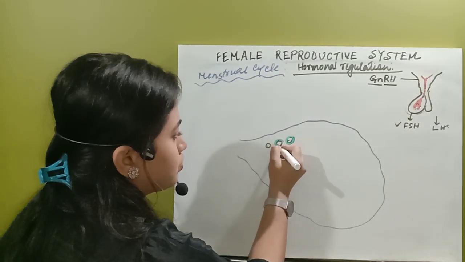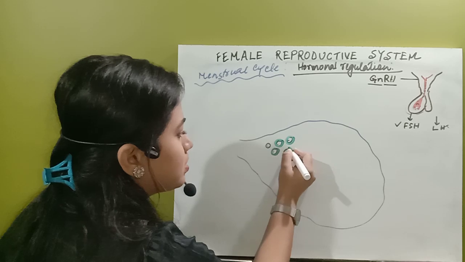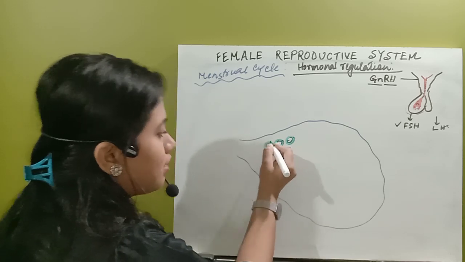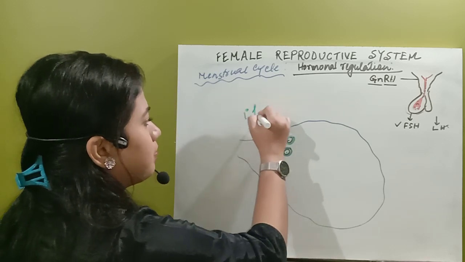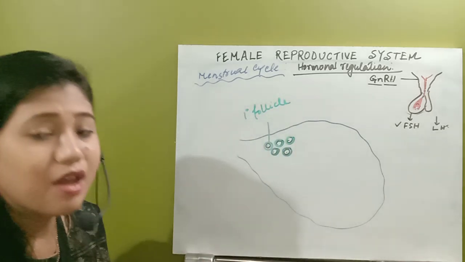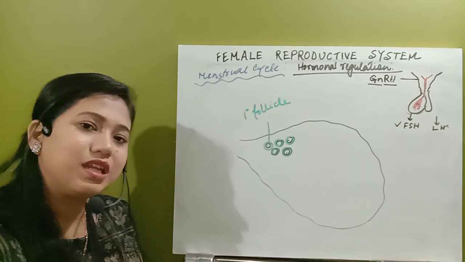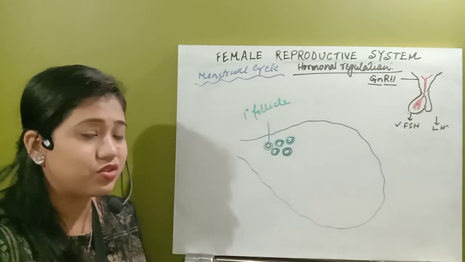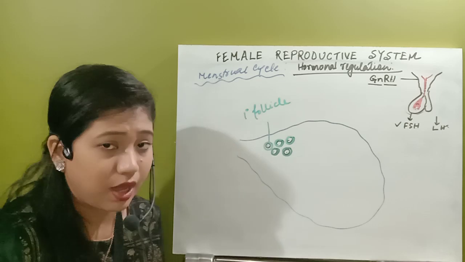Because of these granulosa cells, we call this the primary follicle. These primary follicles are already present from birth up to puberty. They have already grown, and are restricted in prophase 1.